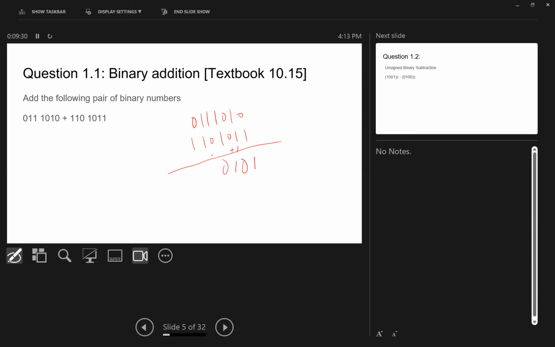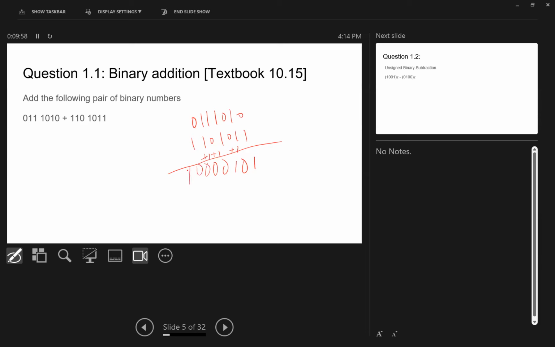And then 0 plus 1 is equal to 1, and there is no carry out signal, and 1 plus 1 is equal to 1, 0, and we have a carry out signal. So we use this denotation to represent a carry out signal for bit 4. And then we do addition for 1 plus 0 plus 1, which is equal to 0, which is overflow. So we have a carry out signal, and the summation result should be 0.